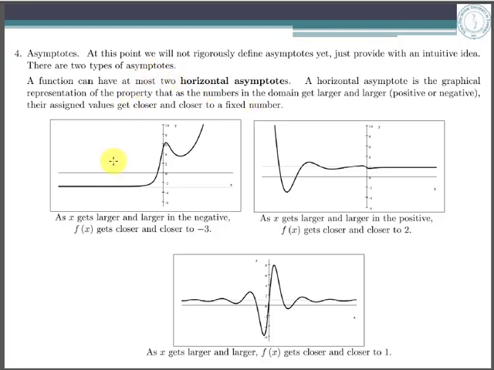Here we have examples for horizontal asymptotes. We can see in the first one, as x gets larger and larger in the negative direction, f of x gets closer and closer to -3. This one and this one also have horizontal asymptotes.